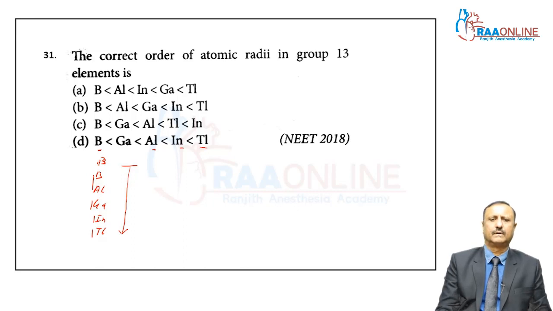Boron, aluminium, indium, thallium: if you remove gallium, then the order is the same, because gallium is the exception, as the atomic size of aluminium is greater than gallium. So, boron, aluminium, indium, thallium, and the exception is gallium. So, my dear students, for question number 31 you can go to the D option.